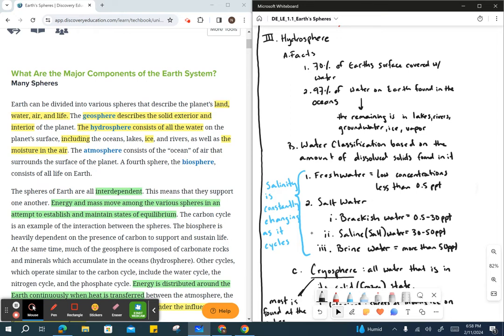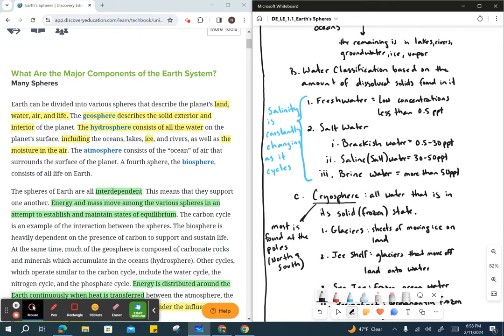So here's your breakdown. You have your fresh water, which has low concentrations, less than 0.5 parts per thousand. And then you have your salt water. And salt water can be broken into your brackish water. Think about maybe if you were in Florida and the salt water was mixing with the fresh water, we call that your brackish water, 0.5 to 30 parts per thousand.